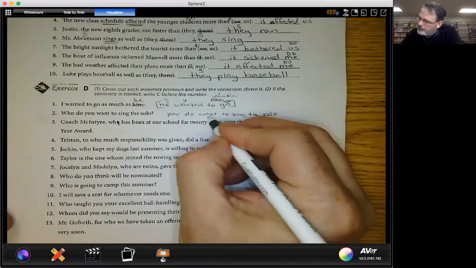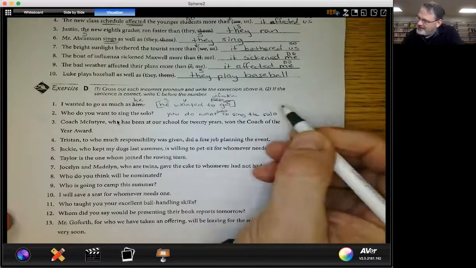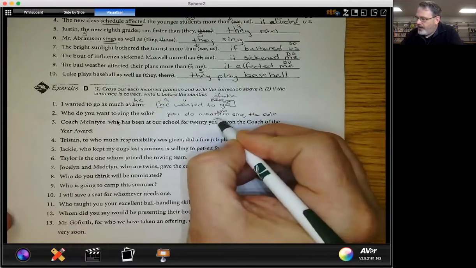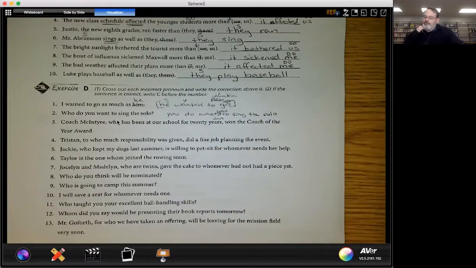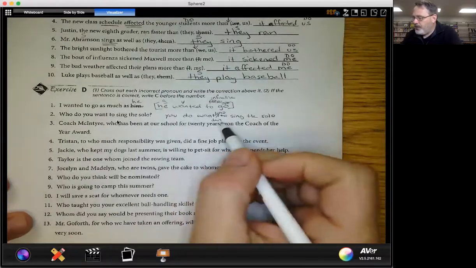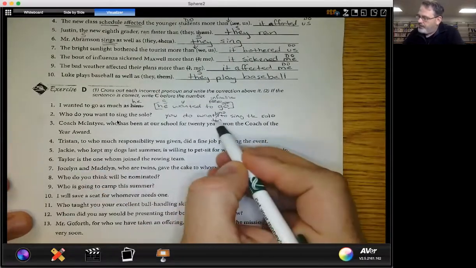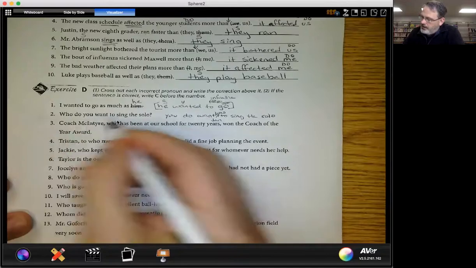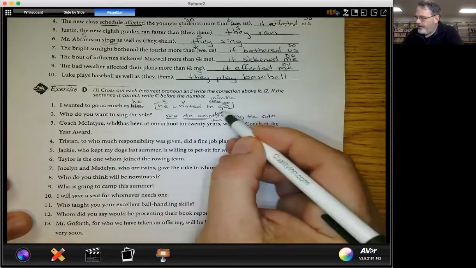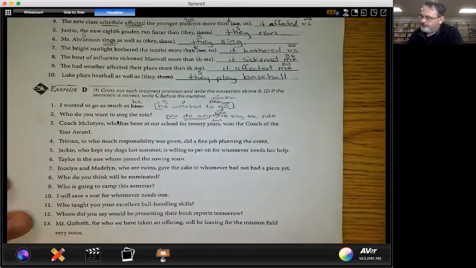Actually, you do want who to sing the solo, because who's standing in for like Jan or somebody. You do want Jan to sing the solo. You do want who to sing the solo. You know, that would be something like that. So the subject is you, the verb is do want, and then who is the direct object.